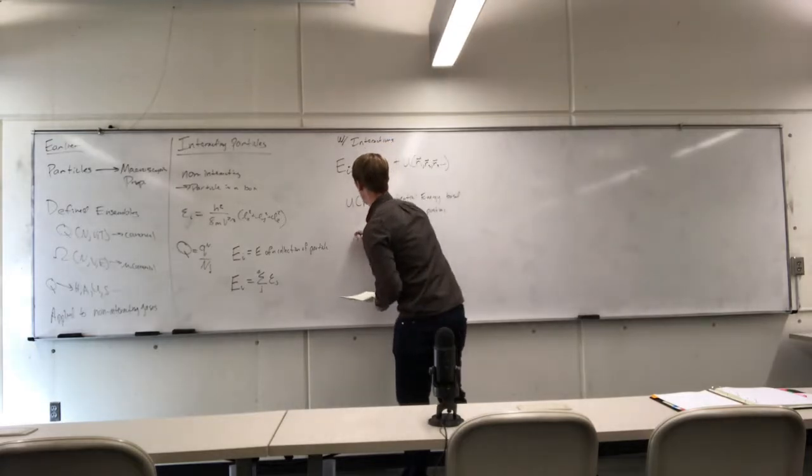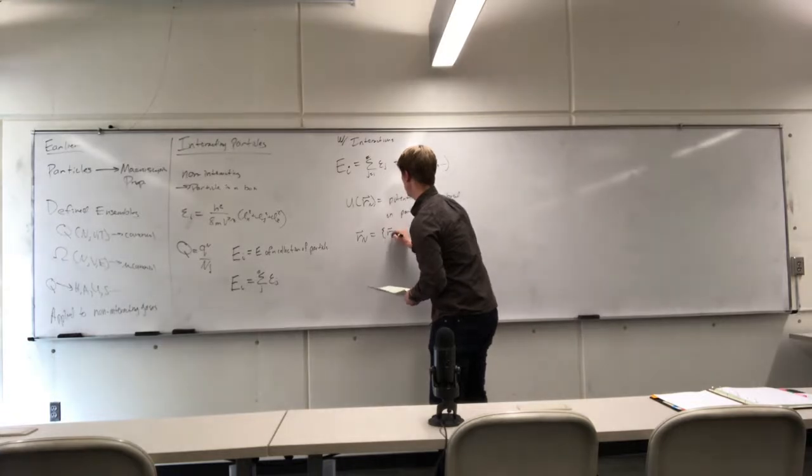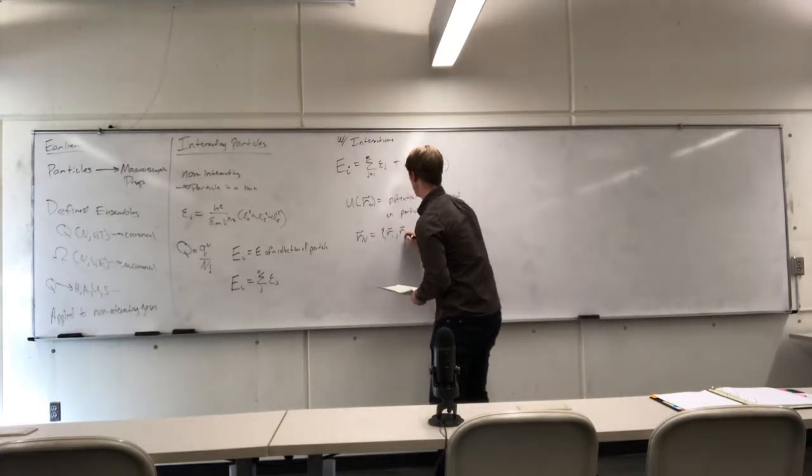So what I'm going to abbreviate here is that this Rn is going to be equal to the collection of all of the position vectors.